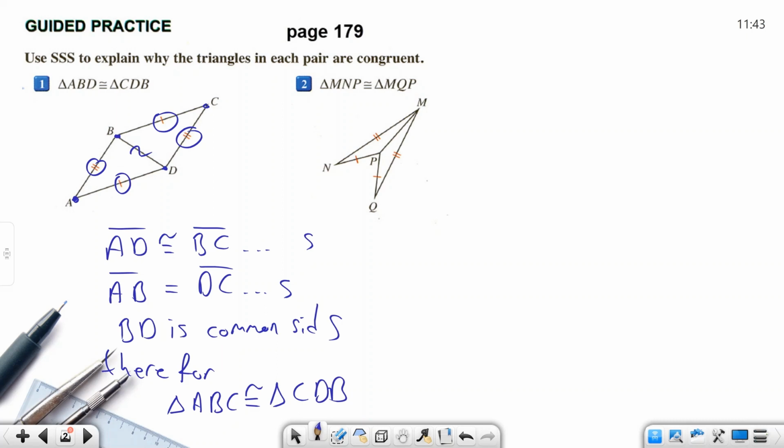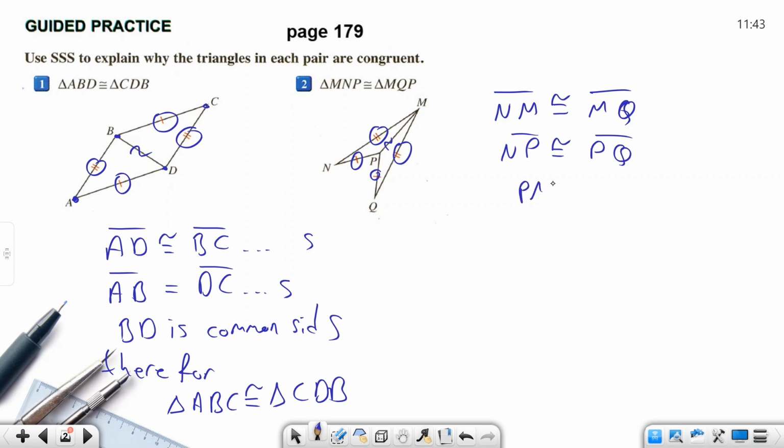Let's look at that one. Again, we have a common side here. So I will say the same mark: NM is congruent with MQ, and here the same mark, NP is congruent with PQ, so PM is the common side.